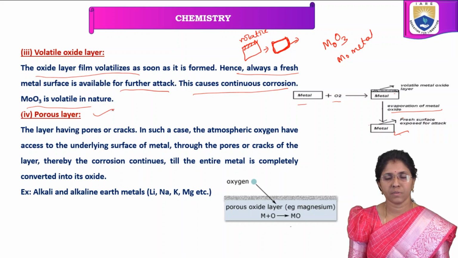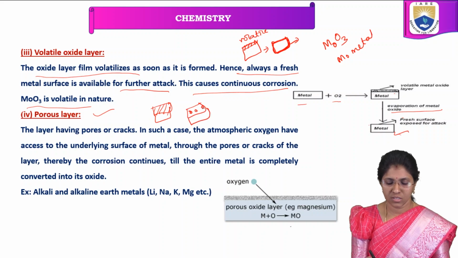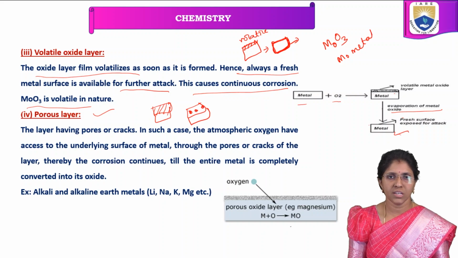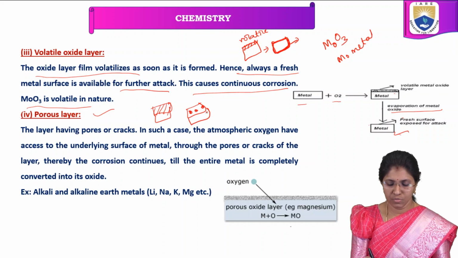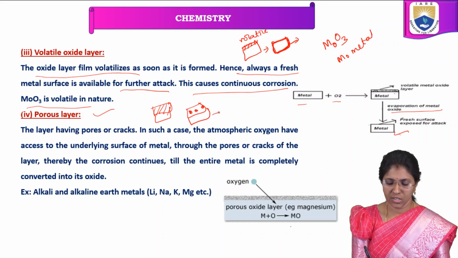If the formed oxide layer is porous, meaning it has some pores, some area of the metal is exposed to the environment. Through these pores and cracks, the oxygen goes into the metal and undergoes severe corrosion.